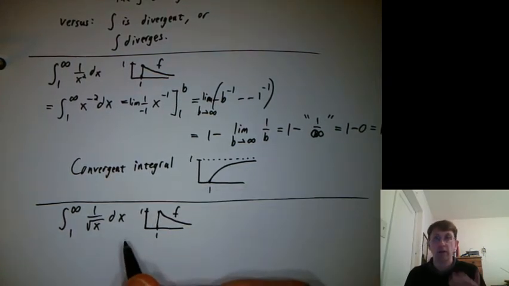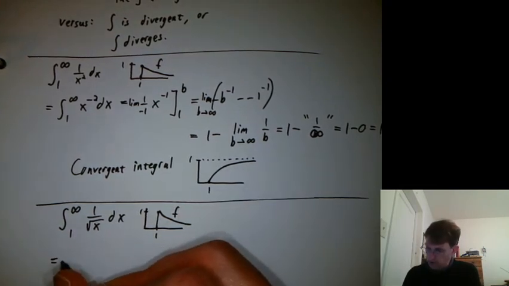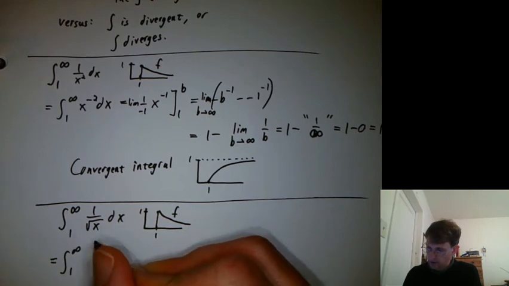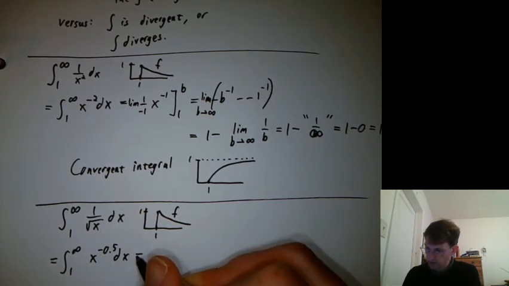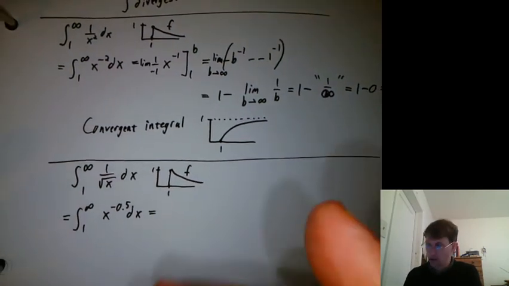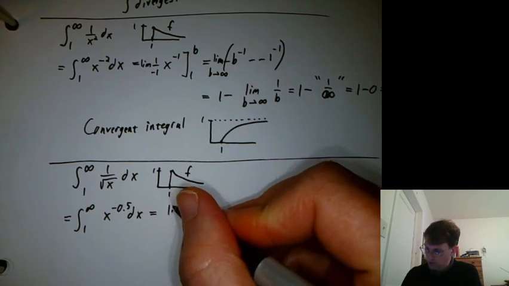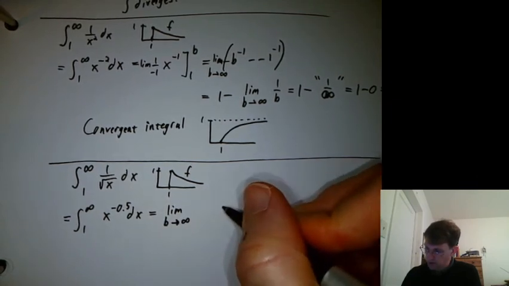So go ahead and do this integral and see what you get. All right, so you might want to rewrite it as a power. This would be x to the negative half. And then once you take the antiderivative, what power do you get? Let's also say, remember, we're taking the limit as b goes to infinity.